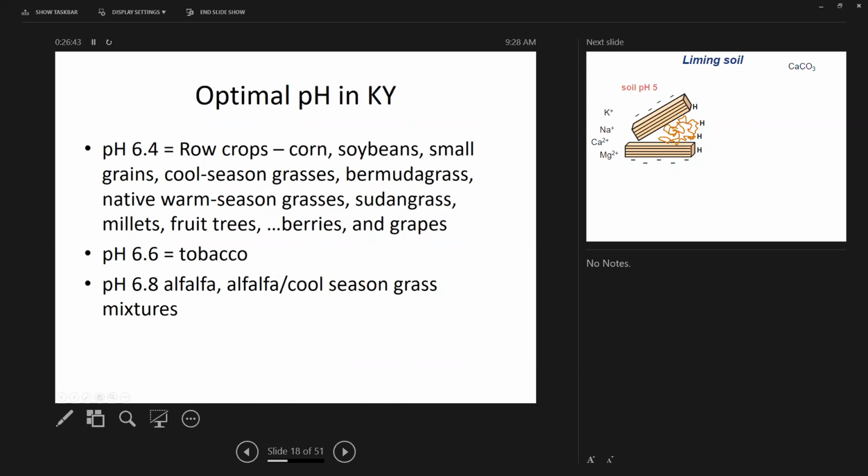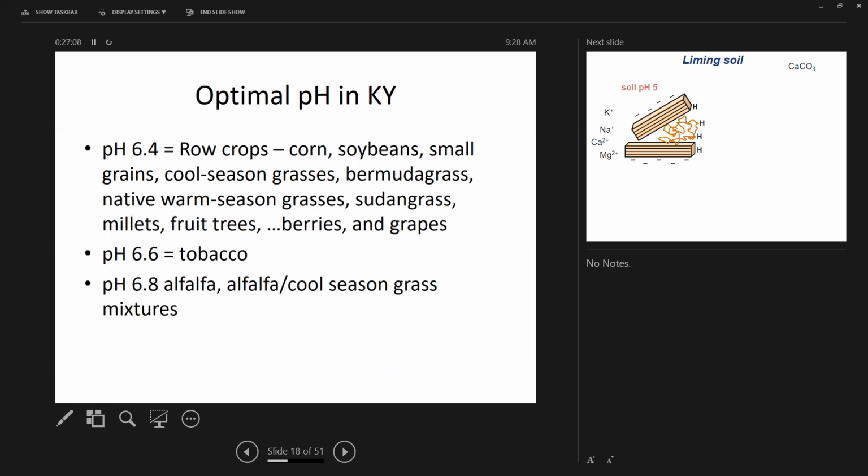If we're growing tobacco, they're going to recommend a 6.6 pH. And if we're growing alfalfa or alfalfa mix, a pH of 6.8. That comes back to that molybdenum availability, I believe. But again, if we're somewhere around 6.5, you're going to be in pretty good shape.